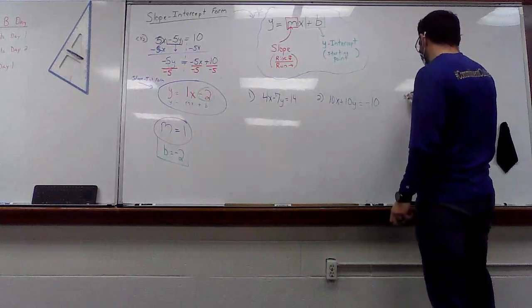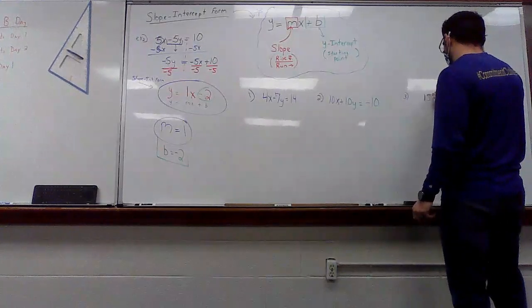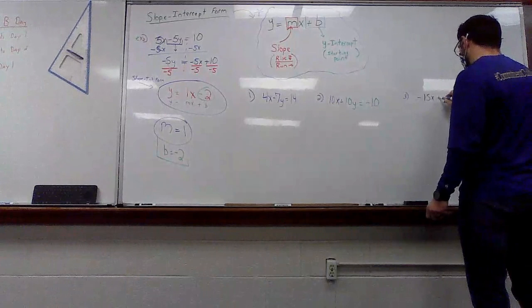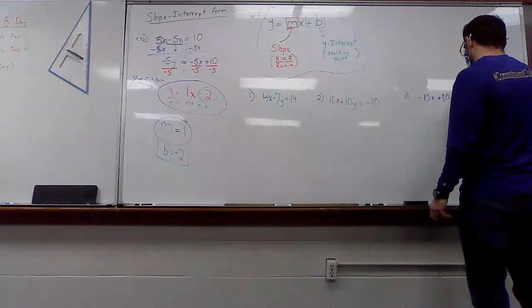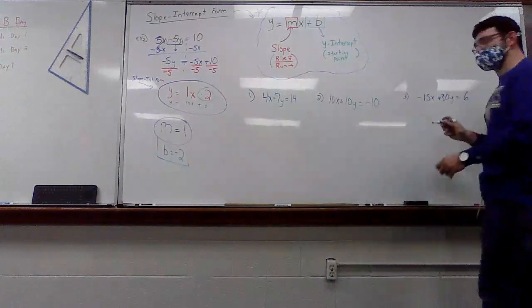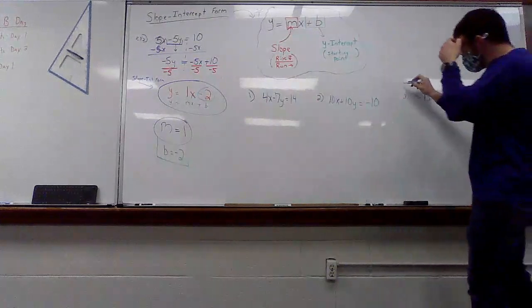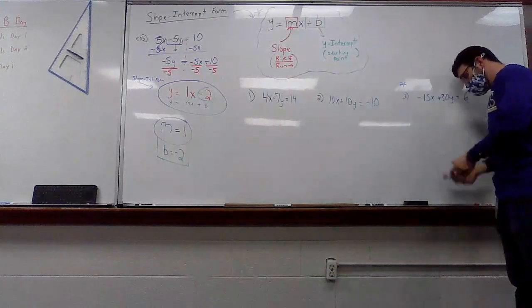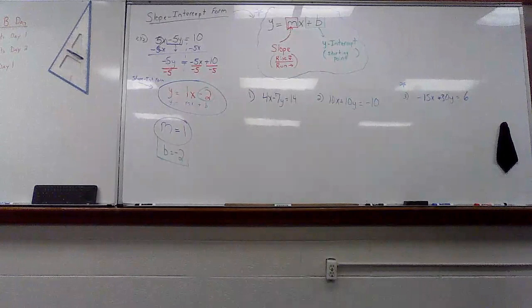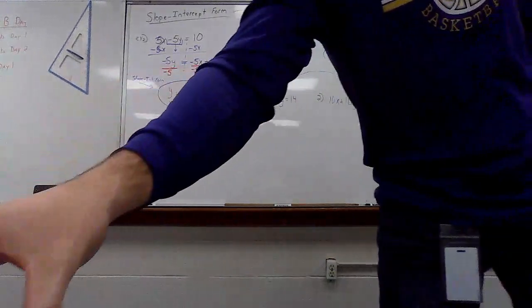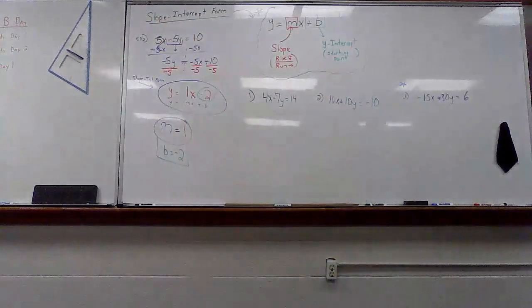Number 3 is going to be negative 15x plus 30y equals 6. And this one is a little bit tricky. Go ahead, give them a try. You may talk, you may work with the people around you.